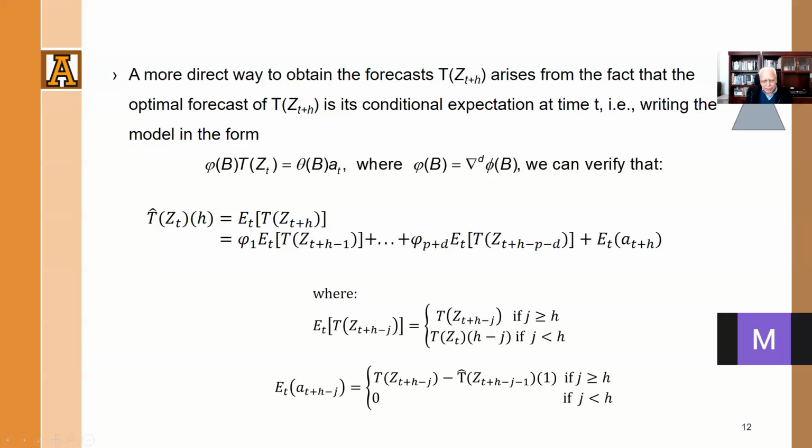Okay, so we said that the conditional expectation given T of the transformed series, j periods ahead, is going to be the actual value if we are in the past, and if j is greater than or equal to h, that will be the forecast. This will be the optimal forecast in essence.